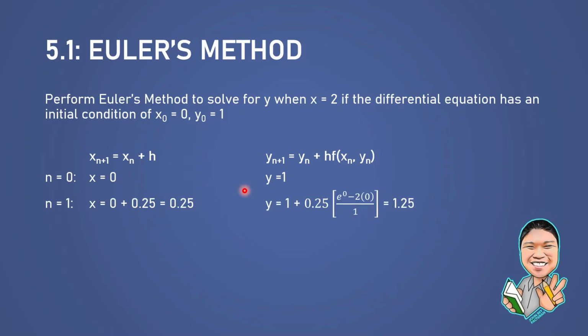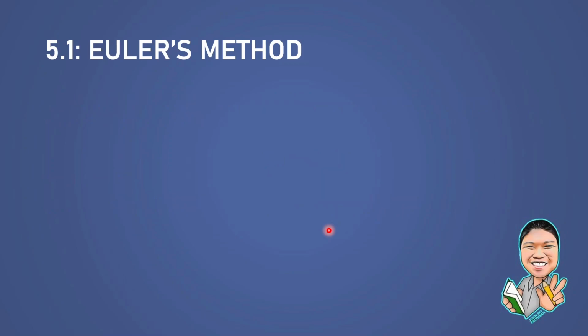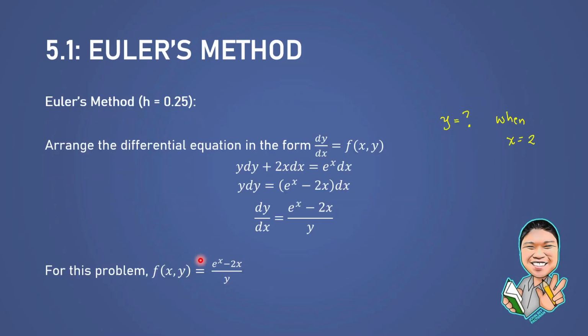So, therefore, you go to the first step. As you can see, n is equal to 1, x is equal to 0 plus the step size of 0.25. The new value of y is equal to 1 plus our h, so this is what you will follow, h 0.25 times, again, if you are going back, this is our function, e raised to x minus 2x all over y.